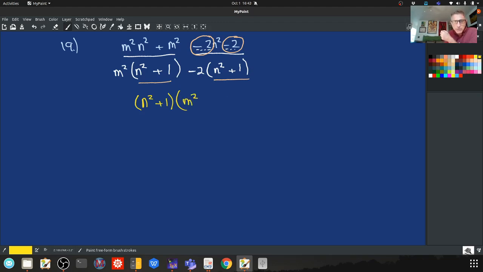Minus 2 times n squared plus 1 divided by n squared plus 1 leaves me a minus 2. So that's some pretty amazing stuff, because again we went from a sum of 4 terms to a product of 2.